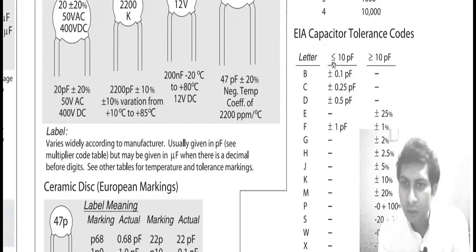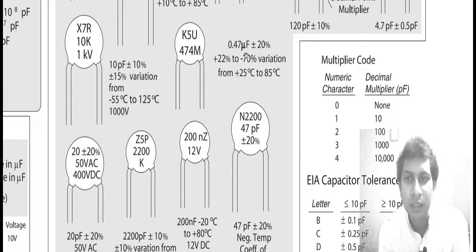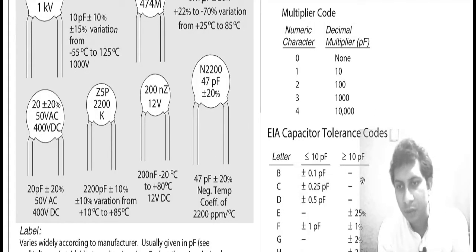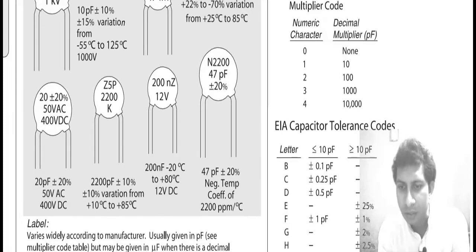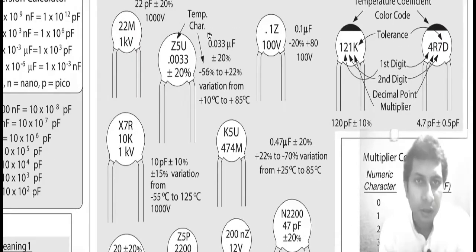If the value of capacitance is less than 10 picofarad, there is no meaning of this M; it is dashes. And if it is greater than 10 picofarad, as in our example of 22 picofarad, then we choose M, which is plus minus 20% tolerance, right?